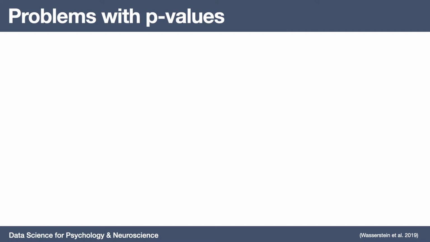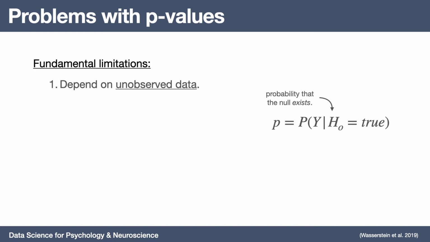Now, problems with p-values. Remember, your p-value here is just the probability that the null exists. As actually discussed in the Wasserstein article from a prior lecture, it depends on unobservable data or unobserved data. Remember, you estimate that distribution of test statistics under the condition of the null hypothesis being true in a hypothetical space.